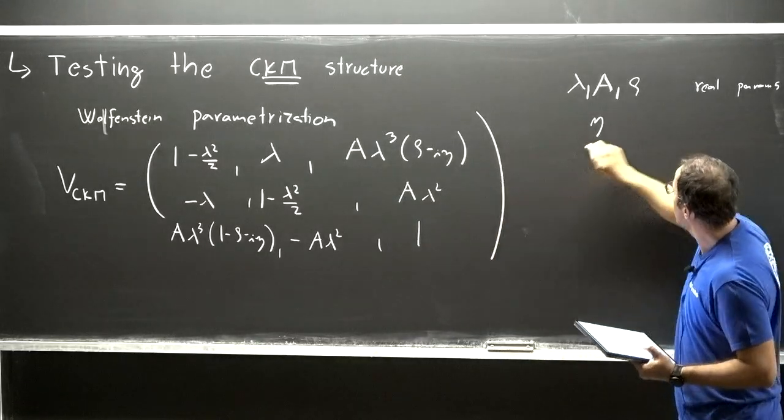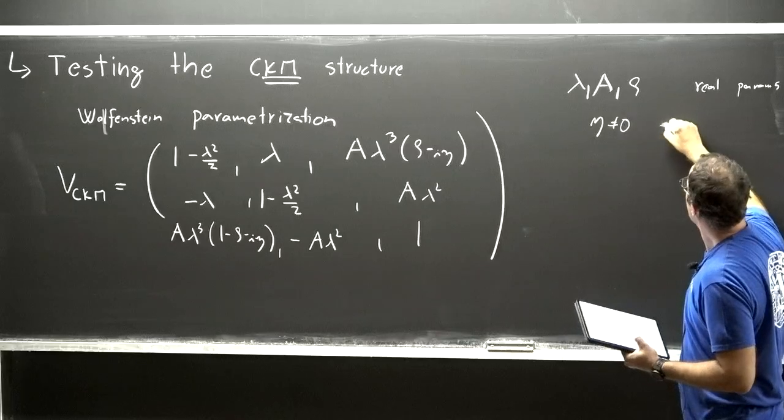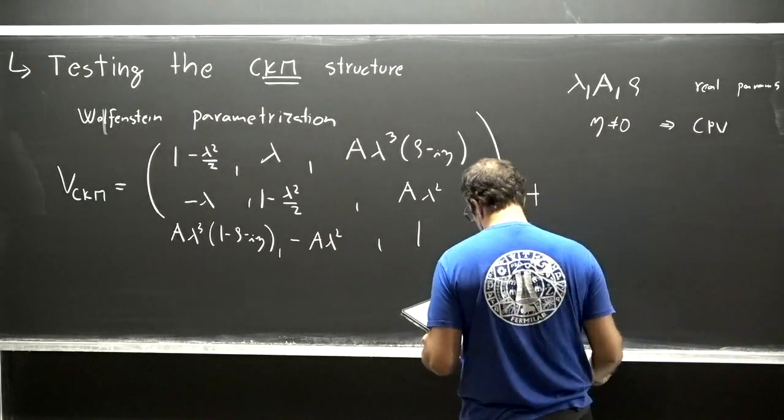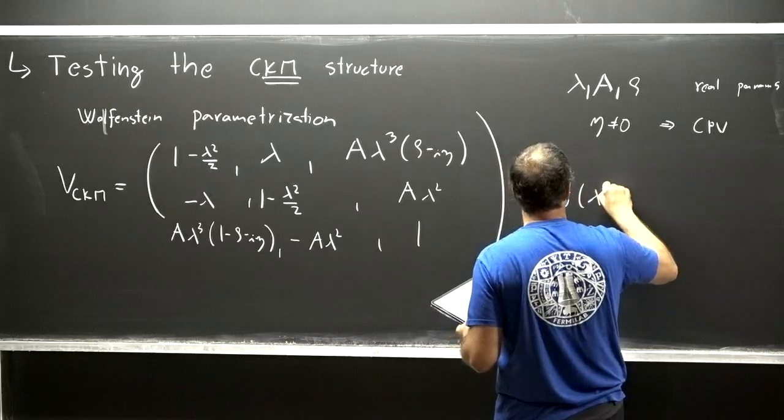If eta is non-zero, then we have CP violation. And this is good up to order lambda to the 4.